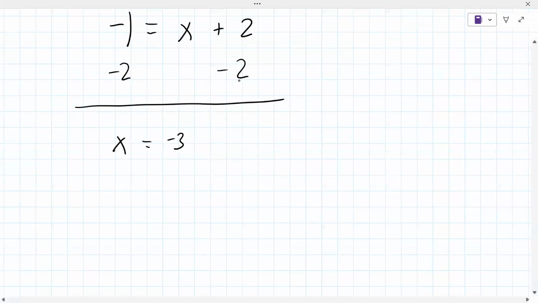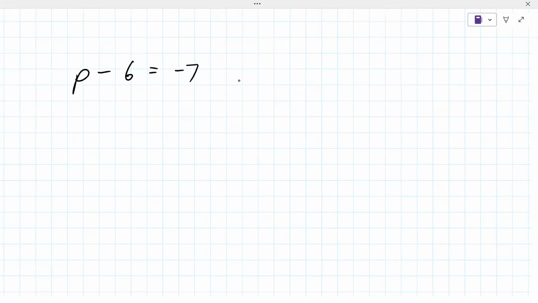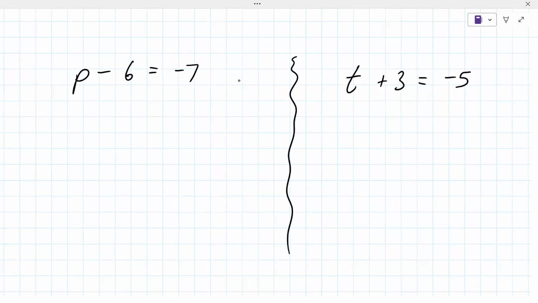All right. Some other things you'll see here is you can change variables. Like I can put in p minus 6 equals -7, and over here I'll do t plus 3 equals -5. Will you try solving each of these for me, please?